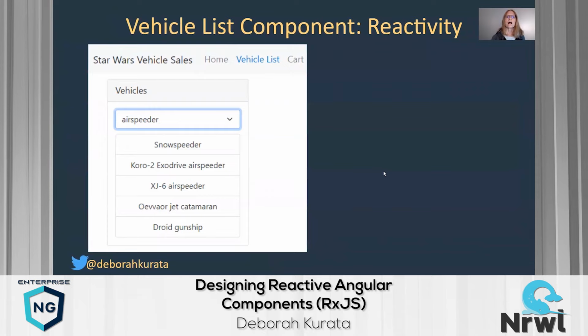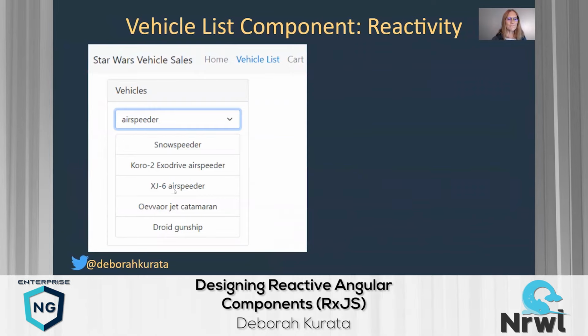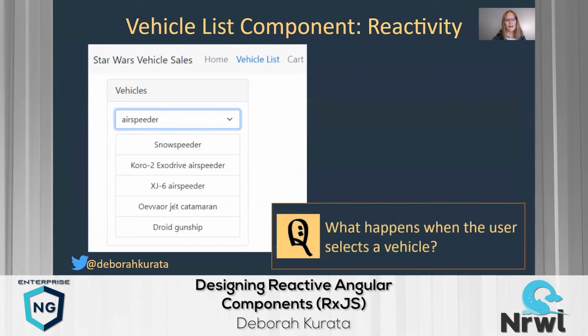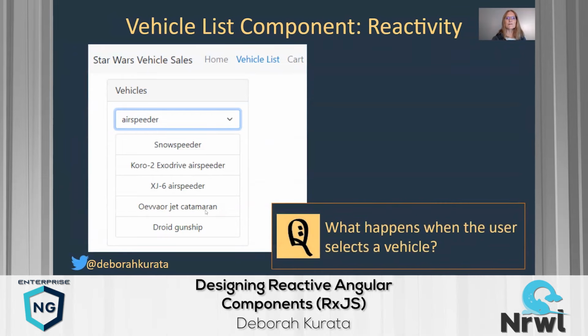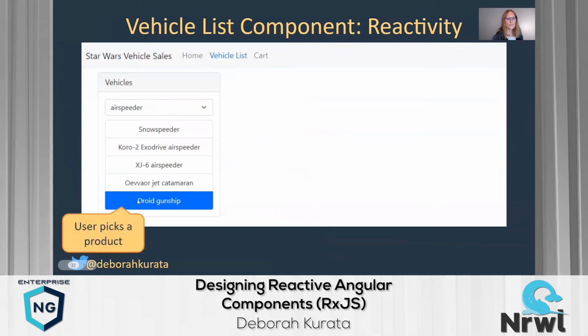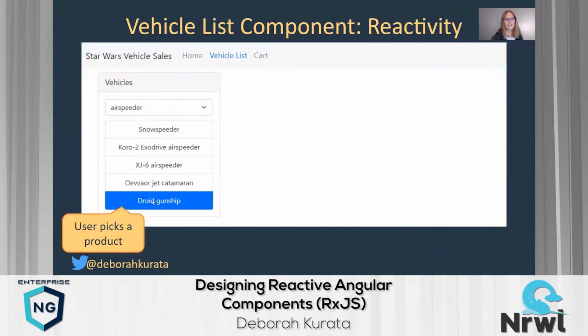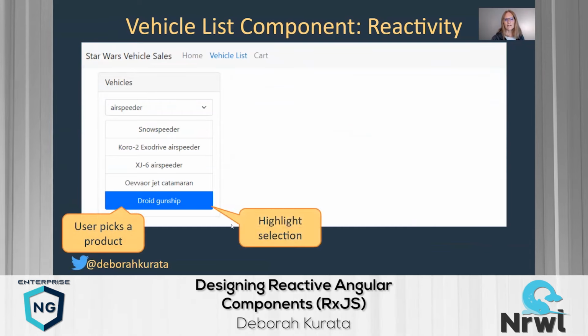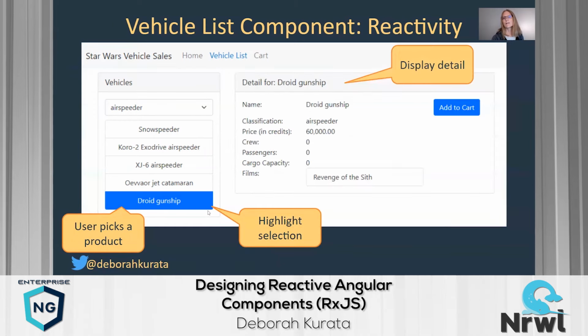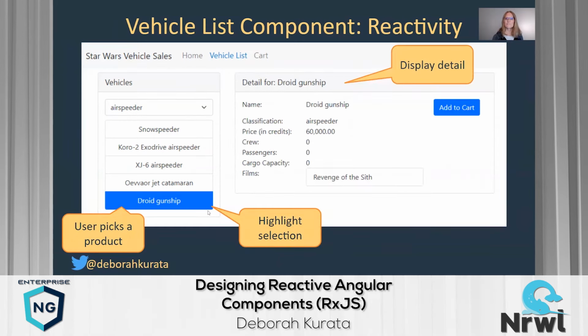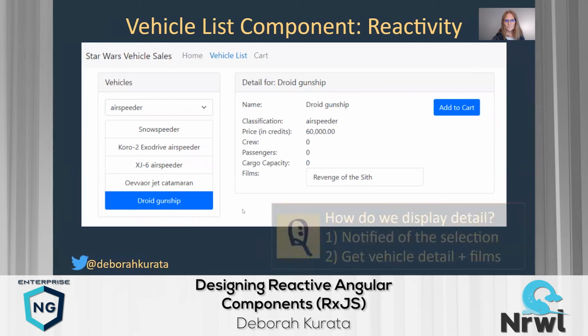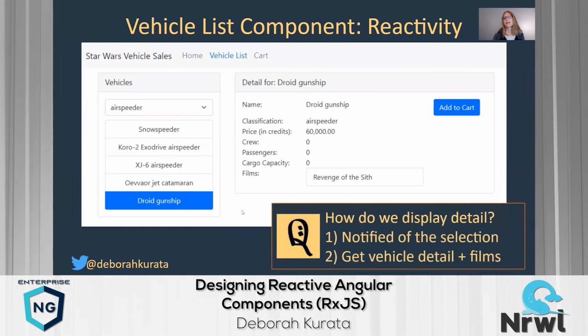All right. The vehicle list also has another reactivity component to it, and that is when the user selects a vehicle. So the user is going to pick a product here, a vehicle, and it's going to highlight that selection and then also display the detail. How do we display that detail?